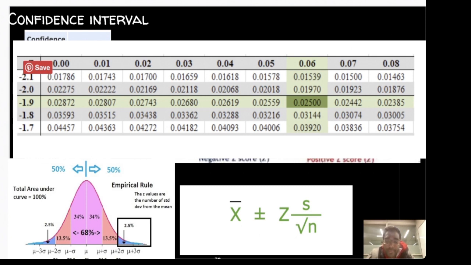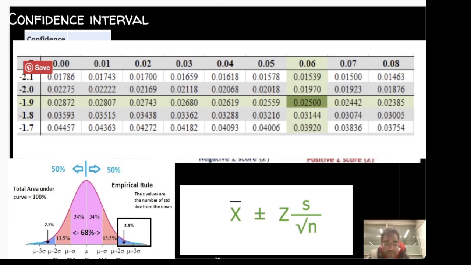So this tells you the area, which is represented by the p value. In the last video we have seen 68%, 95%, and 99%. If you remove 2.5 plus 2.5, why are we doing 2 times 2.5?